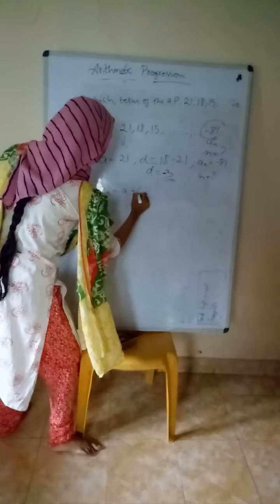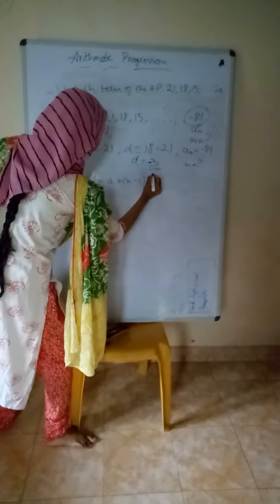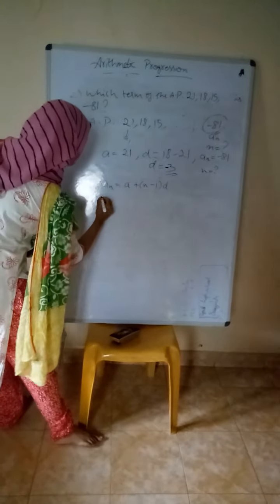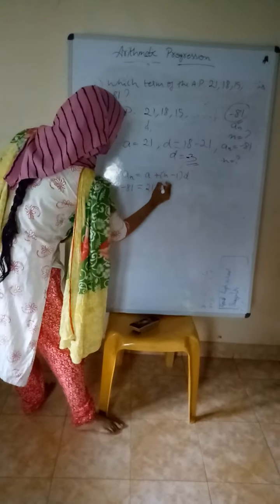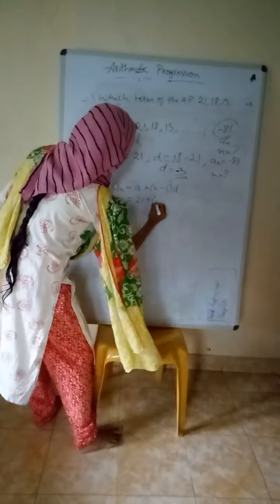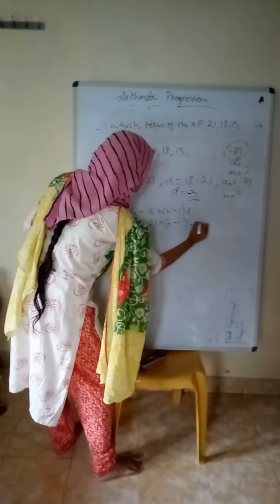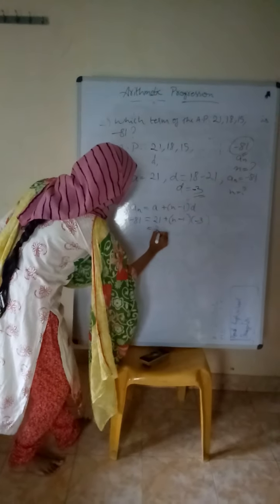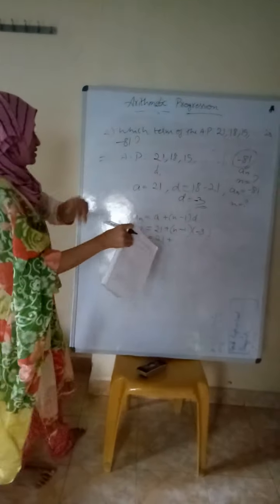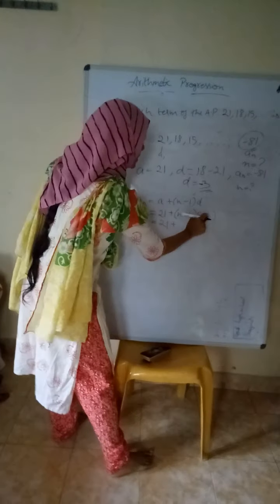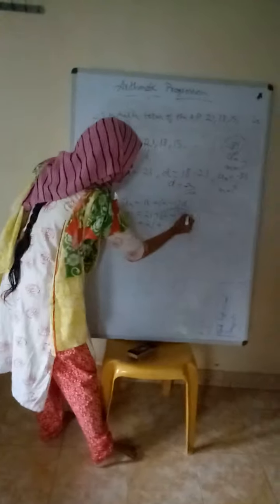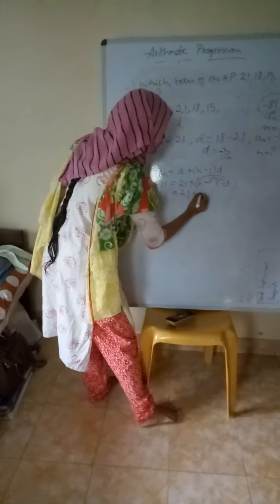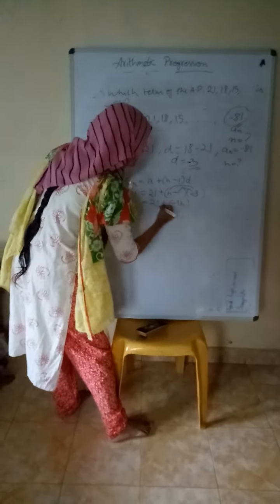An is equal to a plus n minus 1 into D. So an we have got minus 81, a is 21 plus n minus 1, write it as it is, into D. D we know, minus 3. Next step: 21 plus, then multiply minus 3 to the terms inside the bracket. Minus 3 into n, minus 3n.